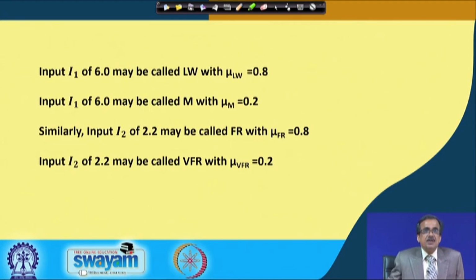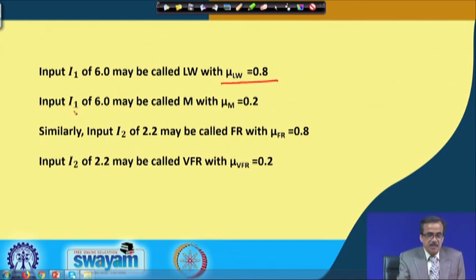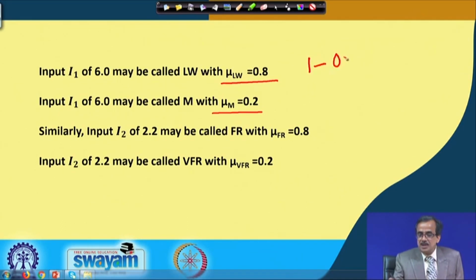So, this input I 1 of 6.0 may be called low with membership value 0.8, and the same input I 1 equal to 6.0 may be called medium with the membership value of 0.2, that is nothing but 1 minus 0.8, equal to 0.2. Similarly, the input I 2 of 2.2 may be called far with the membership function value.